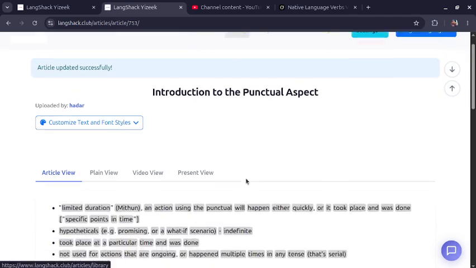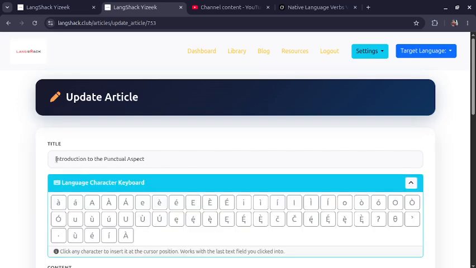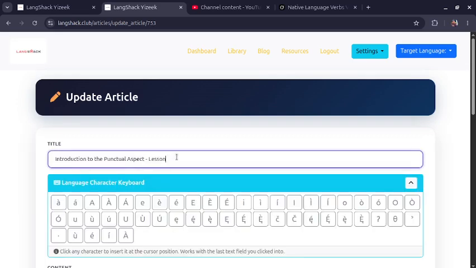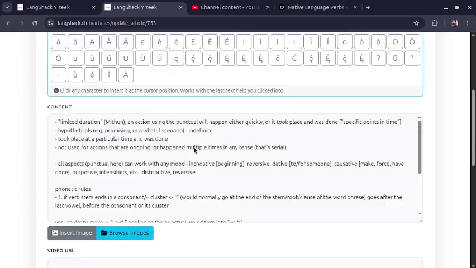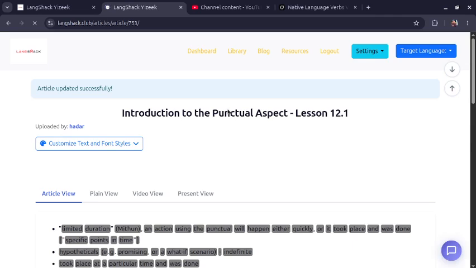Okay, and we'll call this lesson 12.1, because verbs are kind of important in this language. It's probably the most important verb form. If you're working with an agglutinative language, then chances are the verbs are going to be the most important thing.